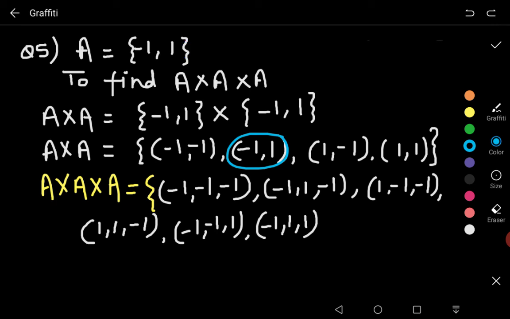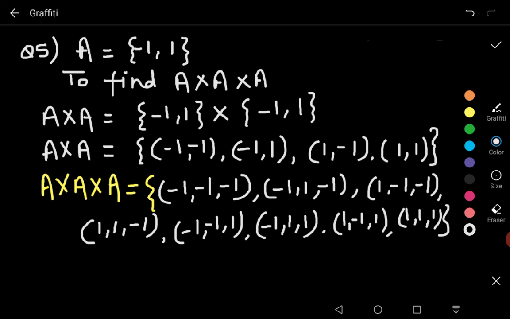Now the next element, what do we have to take? The third element of A cross A and second element of A, right? So it will be 1 comma -1 and 1, and the last element will be 1 comma 1 comma 1. So yes, we get A cross A cross A.